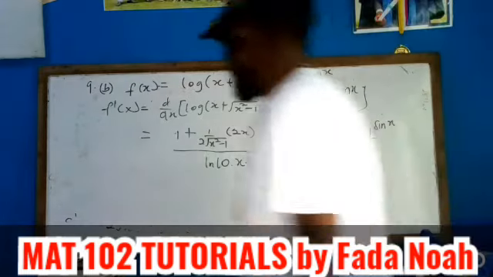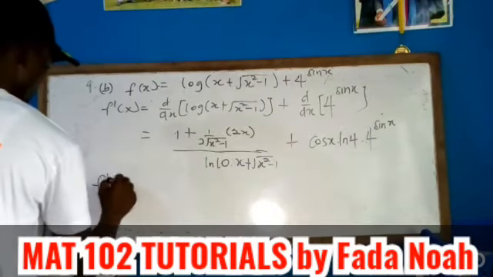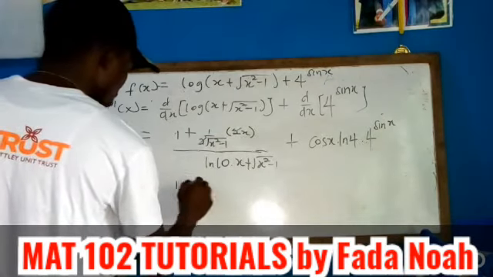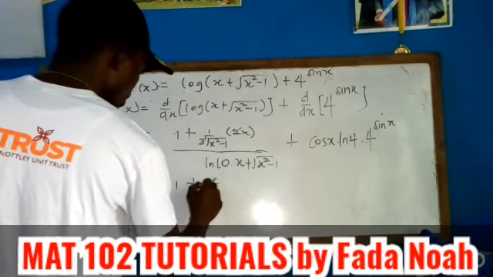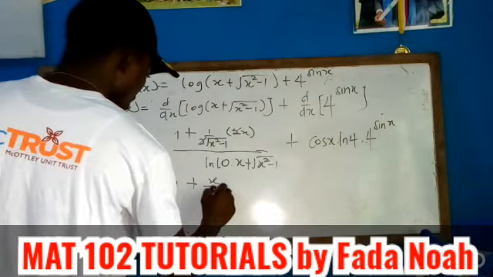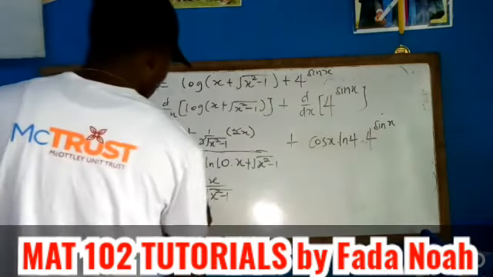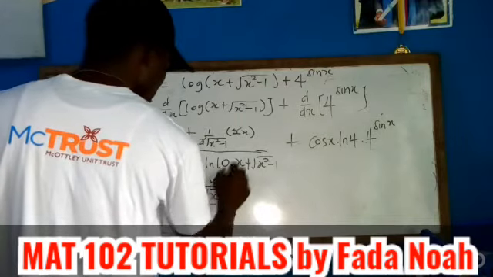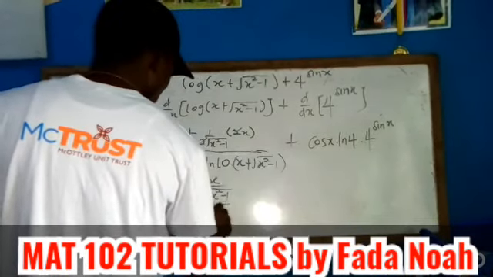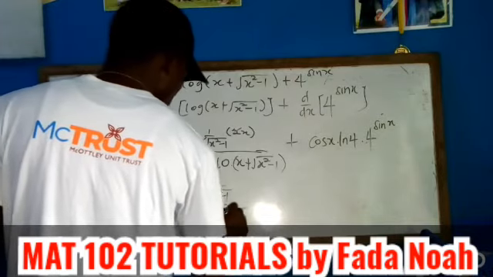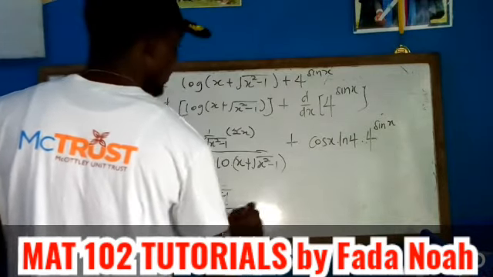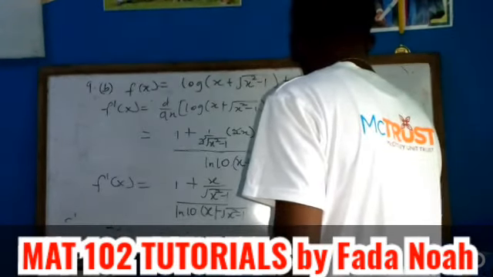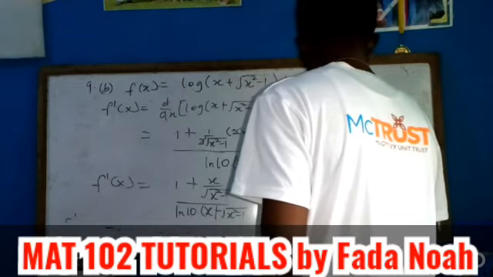So we have f prime of x to be equal to, you see that these two will cancel that 2, and we have 1 plus x over square root of s squared minus 1, all over ln of 10 times x plus square root of s squared minus 1, plus cos x ln 4 exponent sine x.